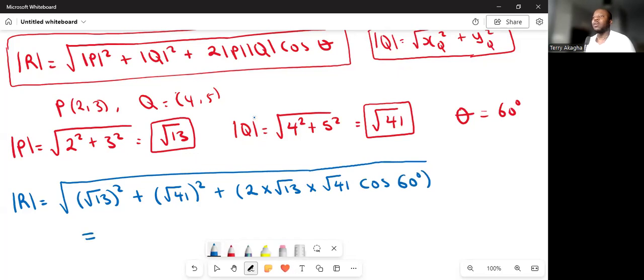When you press this in your calculator, it should give you around 8.78. All right, good.